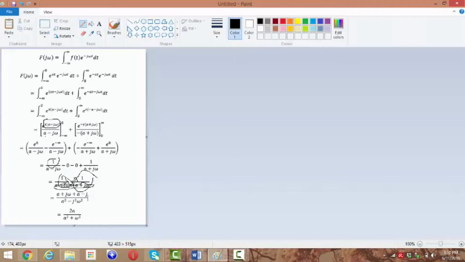We get a plus j omega plus a minus j omega over a squared minus j squared omega squared, since j squared is equal to minus 1, minus minus 1, then minus becomes plus.